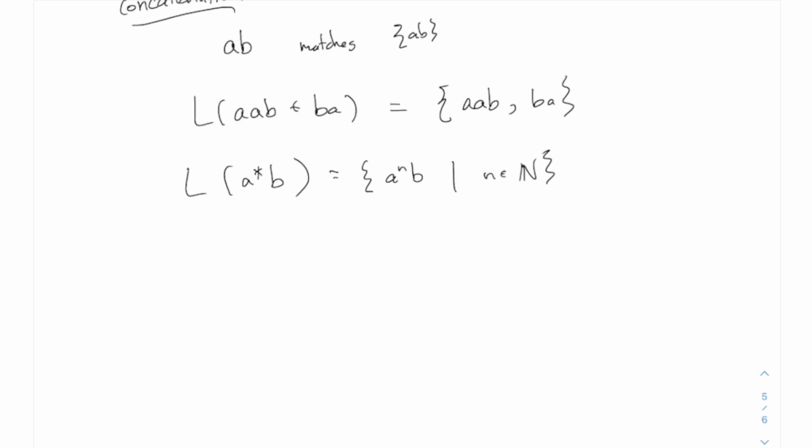Right, A star B is A to the N, B. Great, how about something like L of B star, A star? This means you can do a bunch of B's followed by a bunch of A's, where the bunch could be 0, right? Can anyone say, how would I write that as a set?